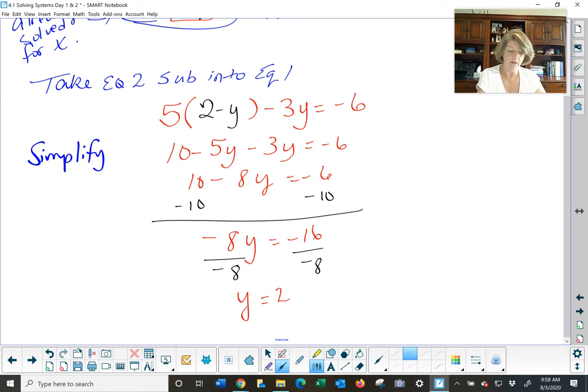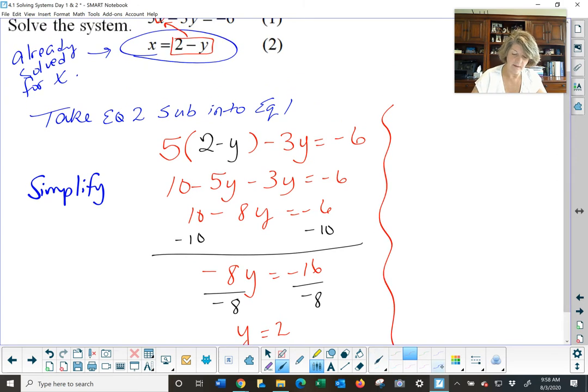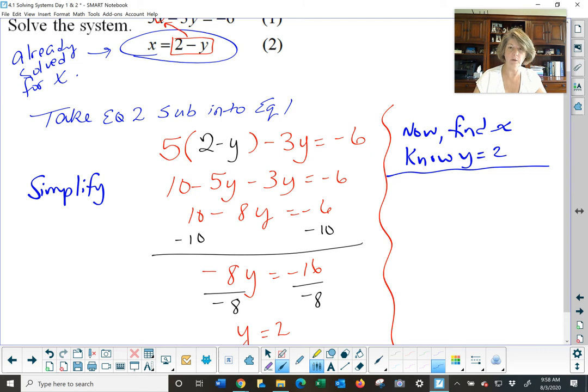Okay. There's half of our solution, right? Because we need an ordered pair. So we're going to find x. And we know that y equals 2. So using either equation 1 or 2, I like 2, I'm going to use equation 2, and I'm going to have x equals 2 minus y is what equation 2 is.